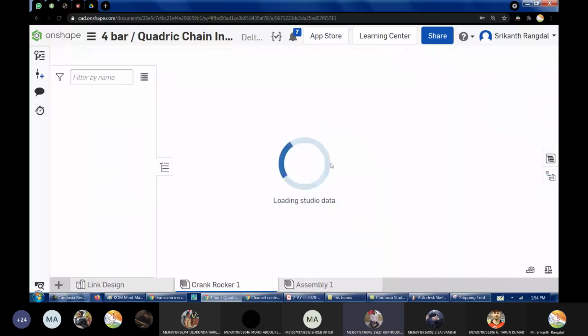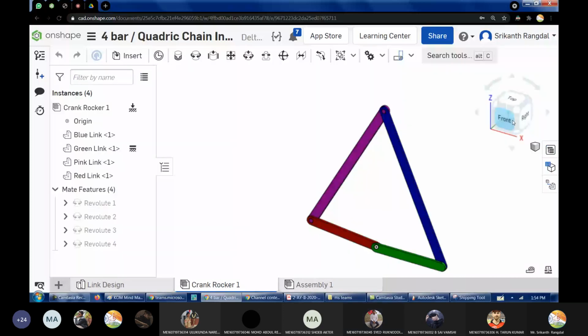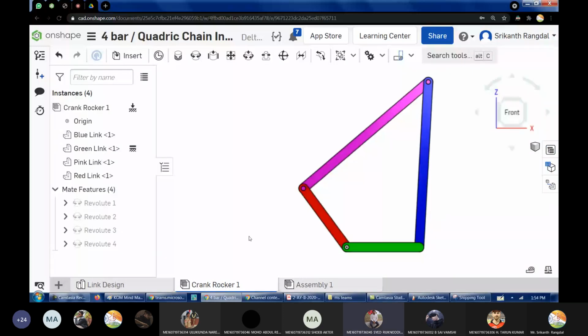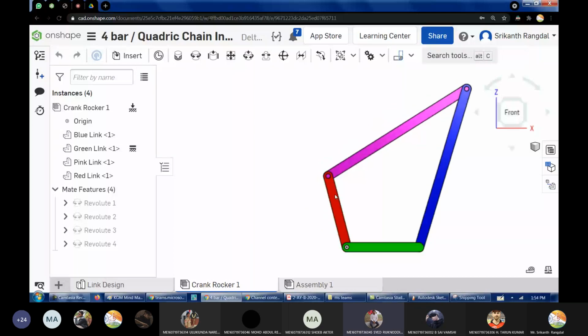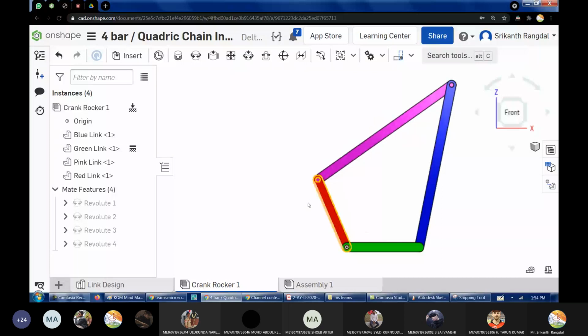Triangular in shape, sir. Now this red link is different, no? So it's not a triangle. There are 4 links, of course. But what is special about the 4 links?